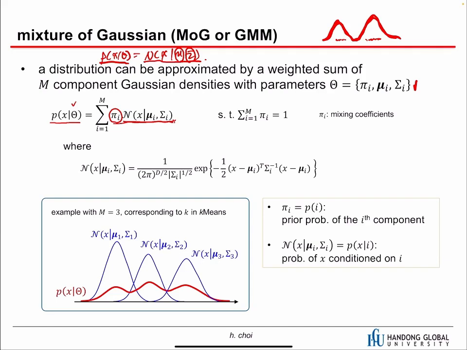So we have one nice figure here. When we have some samples like this, then we need three Gaussian distributions. Okay, then the first Gaussian distribution is in charge of taking care of these samples, this one should model these samples, and this one should model this one.